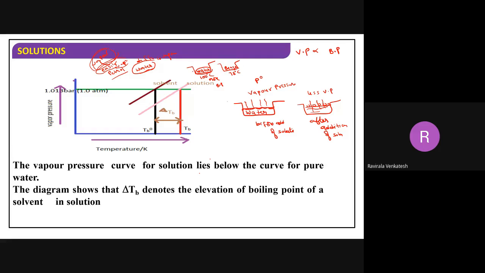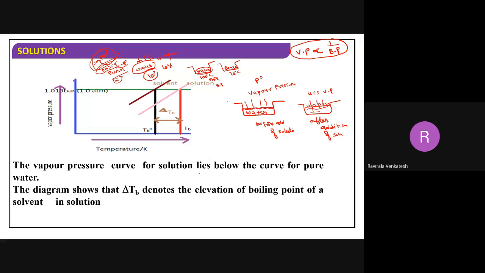Now, the boiling point of water is 100 degrees Celsius, but its vapor pressure is less. The boiling point of petrol is 20 or 25 degrees Celsius, and it has more vapor pressure. So what can I write here? Directly proportional or inversely proportional? Inversely proportional. Vapor pressure is always inversely proportional to boiling point.